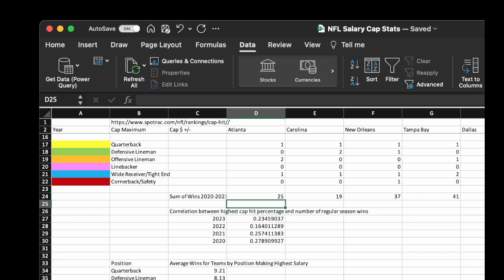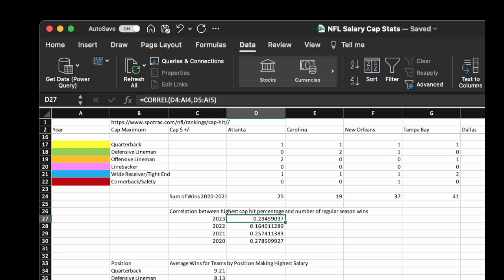Now, I wanted to see if there was any correlation between what percent of the cap the highest paid player took versus how many wins a team had. And you could really think about this one of two ways.